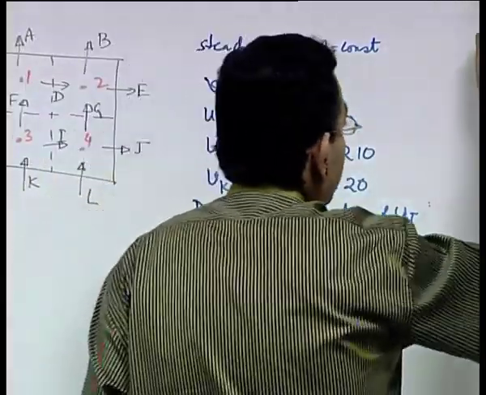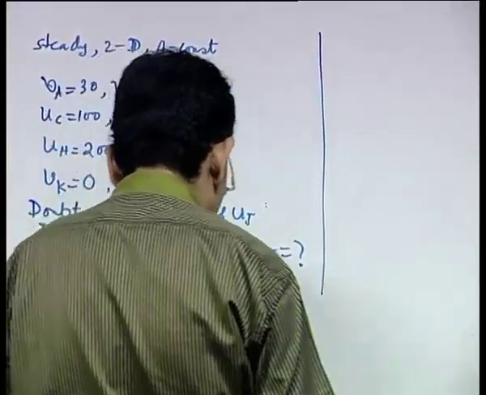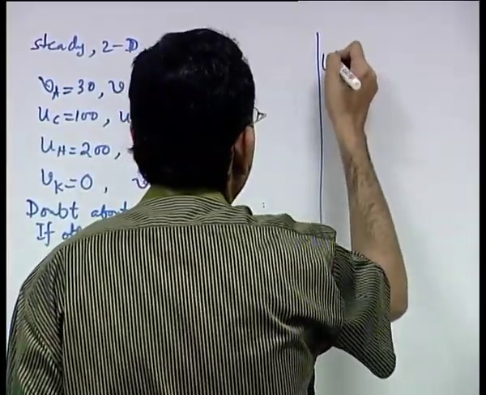Then the second part, the momentum equations for the velocities of the interior grid points are given.